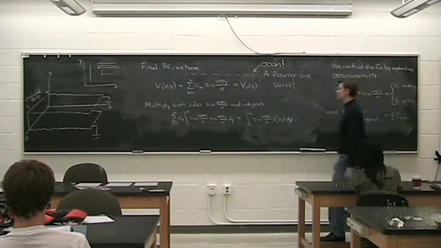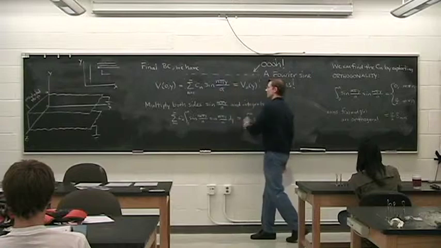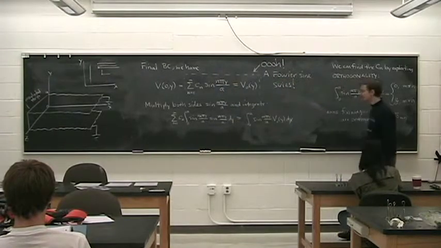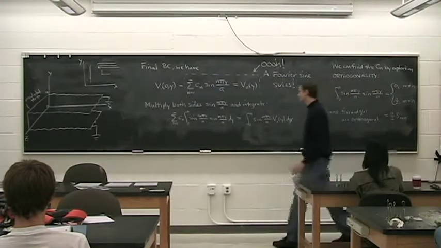Just multiply both sides of this expression by sine(m pi y over a), integrated between 0 and a.